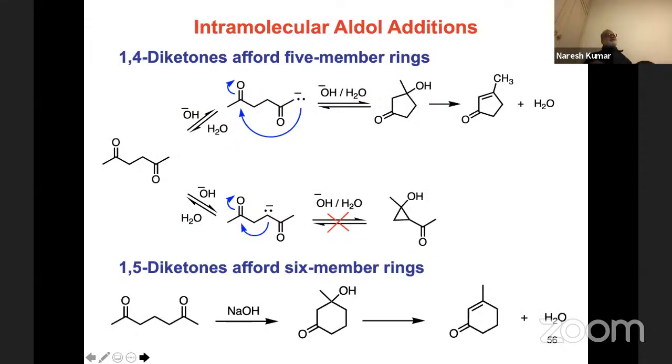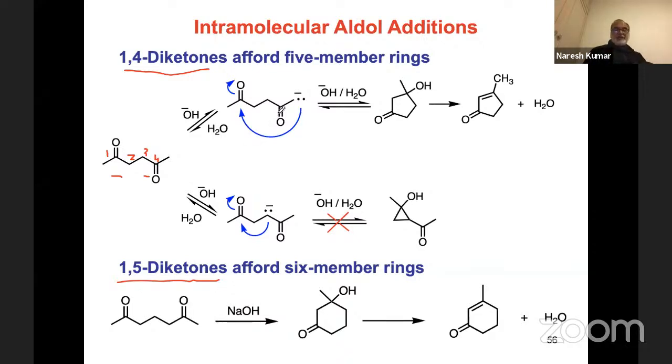The next question which arises, and we're going to get a little bit more complicated here, is what if the two carbonyl groups are present in the same molecule? The example we have here is a 1,4-diketone and a 1,5-diketone compound. By 1,4, I mean there is 1, 2, 3, and 4. So there's a 1-4 relationship between the carbonyl groups, and this is 1-5 between the two carbonyl groups.